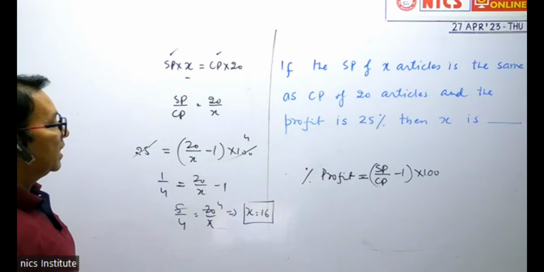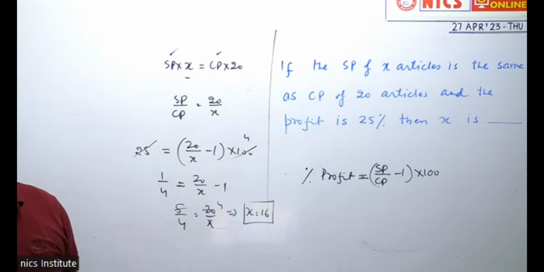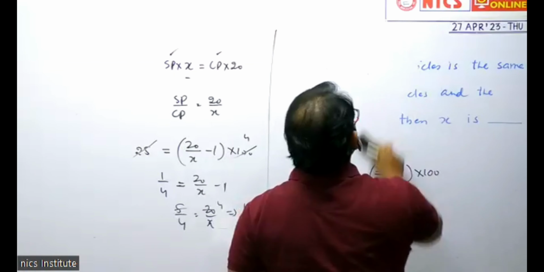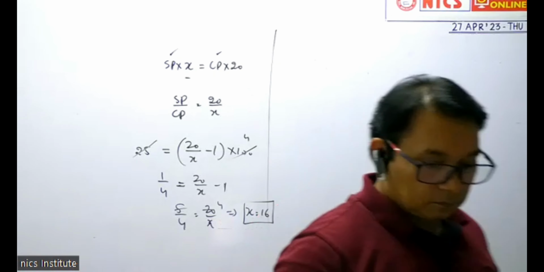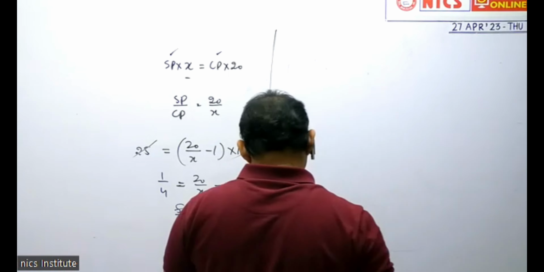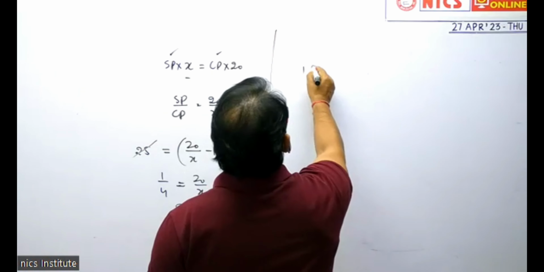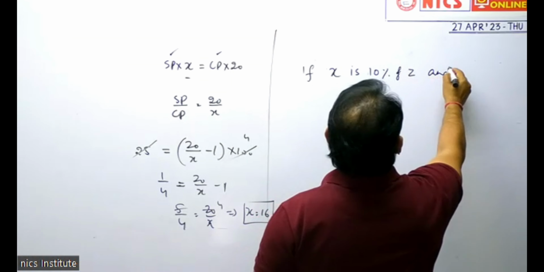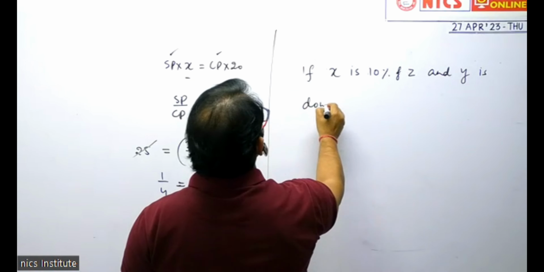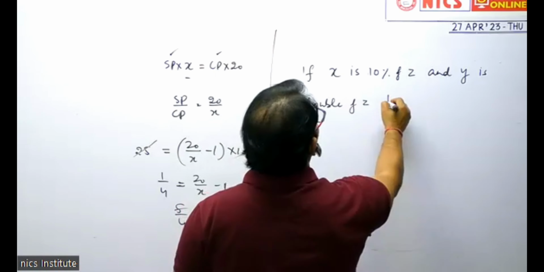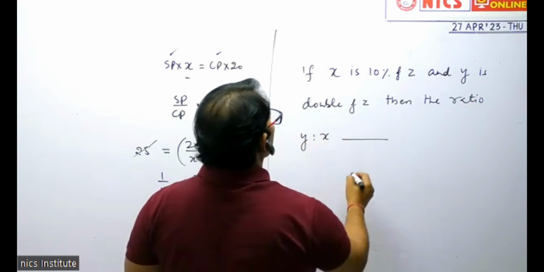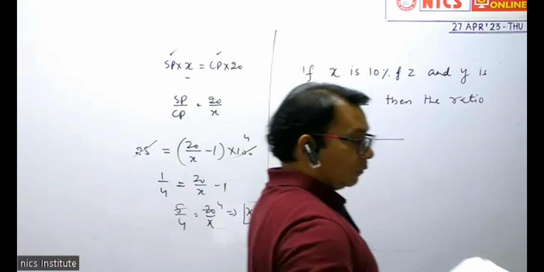So it is SP by CP minus 1 into 100. Answer this.